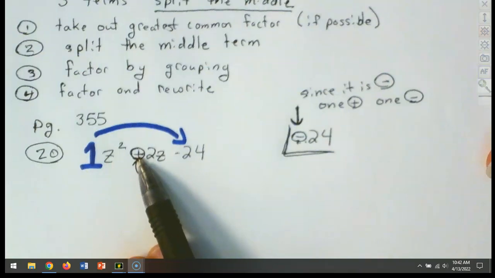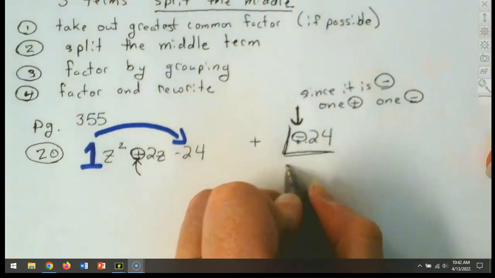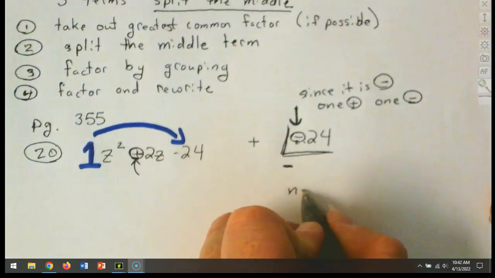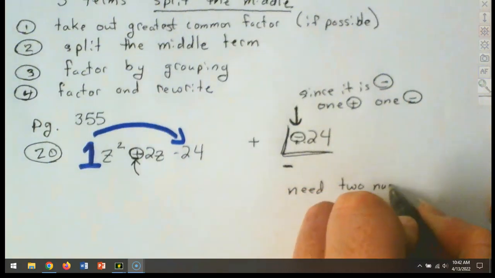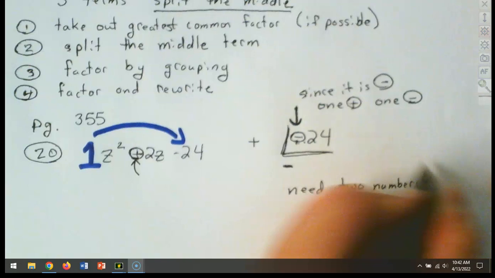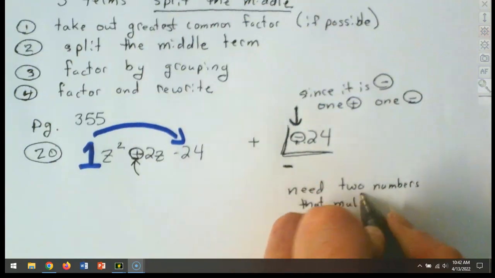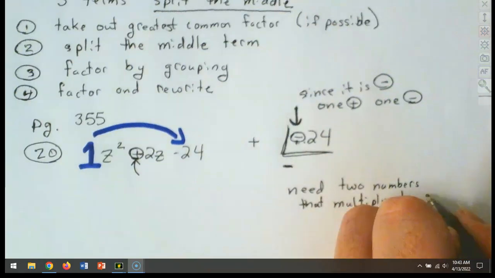Our middle number is positive, so that means the larger number is positive, smaller number is negative. What we need now is two numbers that multiply to give 24.